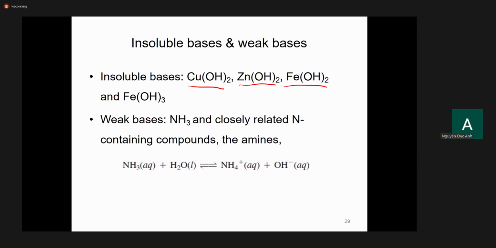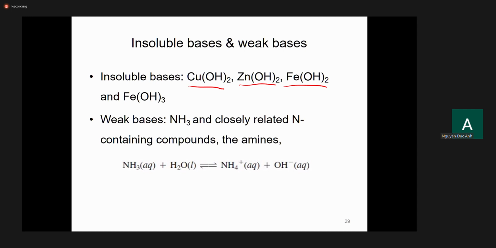It means that this kind of compound can be considered a base sometimes, but they cannot produce OH in a solution according to Arrhenius, and it cannot accept protons like Bronsted said.